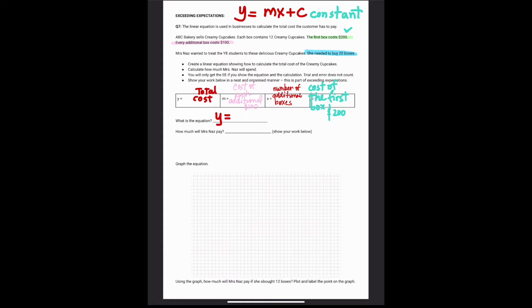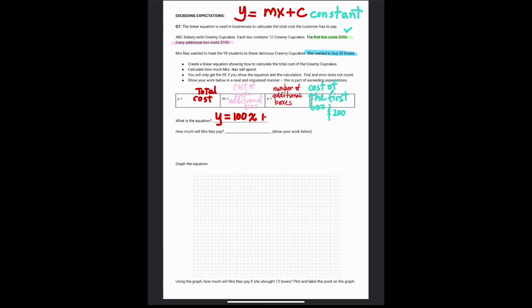And how do we calculate the total cost? We multiply $100 by the number of additional boxes, which is represented by X, because each customer buys a different amount of boxes. Mrs. Nass will buy 20 boxes, but maybe other people will only buy 10 boxes or 1 box or 3 boxes.